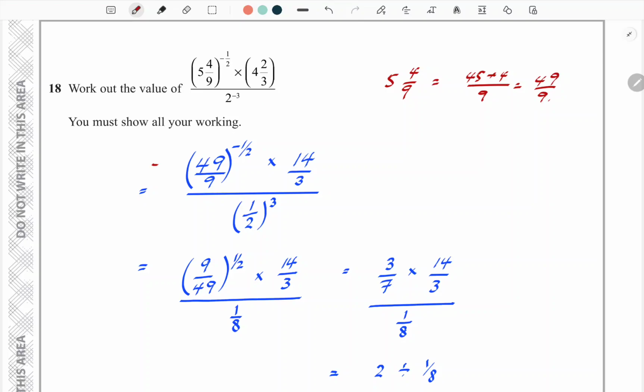So we have 49 over 9 to the power minus 1/2. Remember, anything to the power 1/2 is a square root, times 14 over 3. And then underneath it, if you have 2 to the power minus 3, the minus means it's flipped across, so 2 to the minus 1 is that, etc.